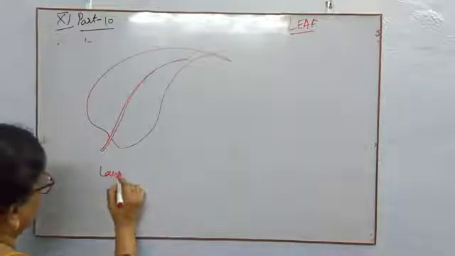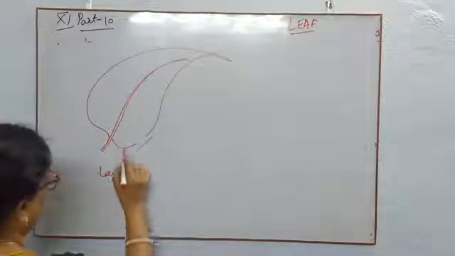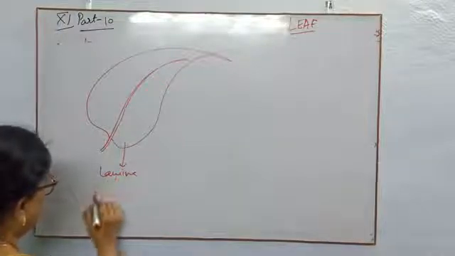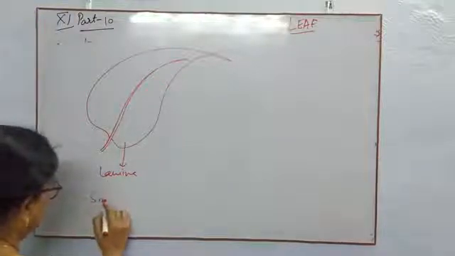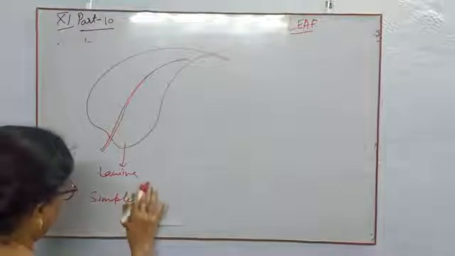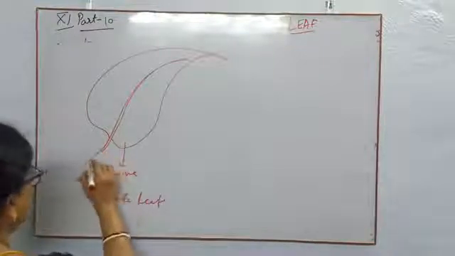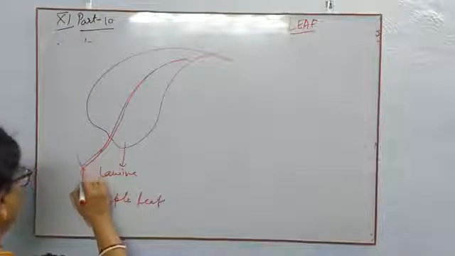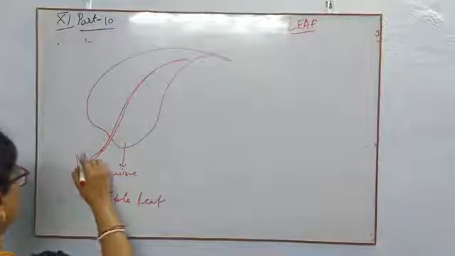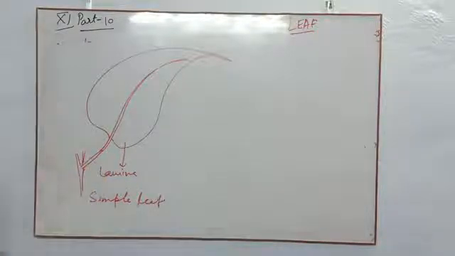So this is the lamina and this is a simple leaf. A simple leaf always has one axillary bud at the axil of the leaf.